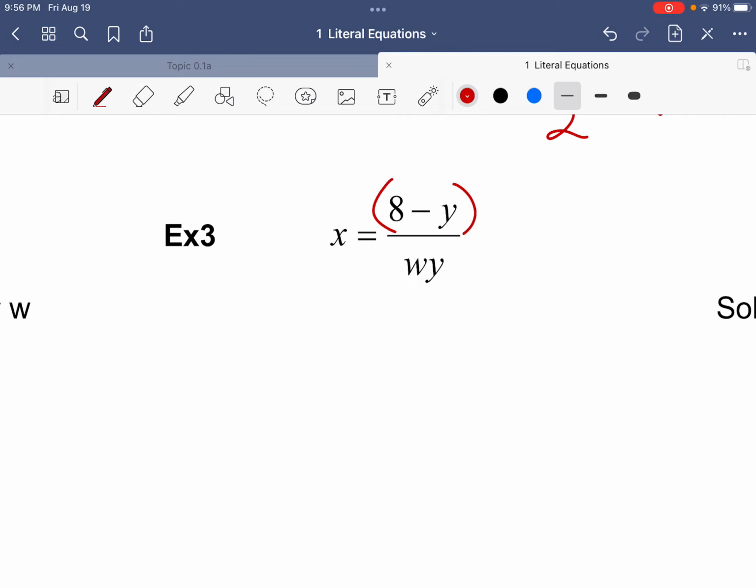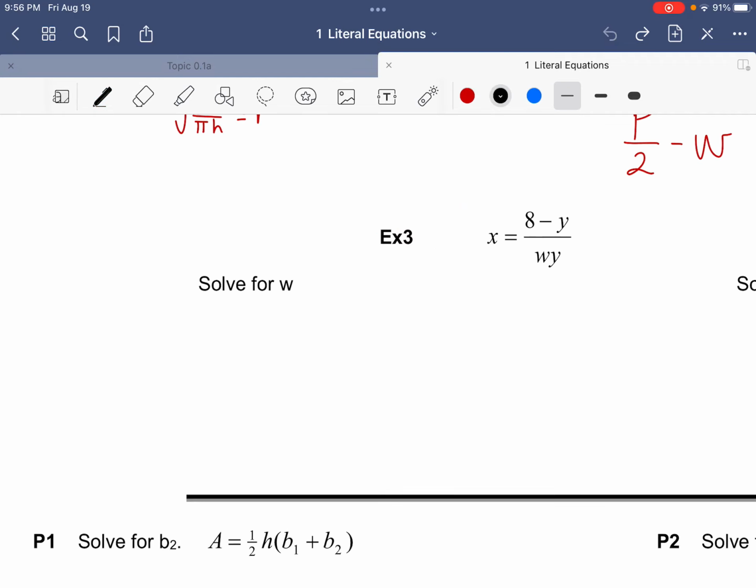Remember, you always want to work from the outside to the inside. So I want you to notice that W is down here in the denominator, but it's part of a WY, which is actually on the outside of the equation. So that's going to be the first thing that we work with.